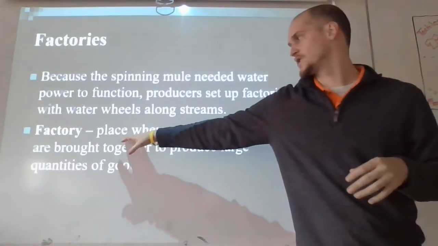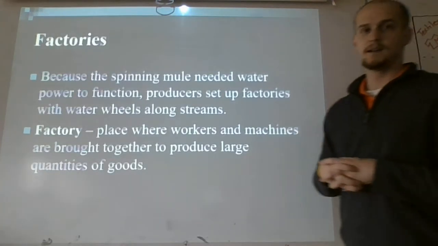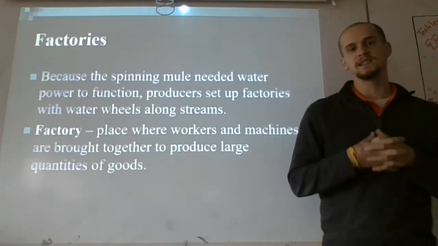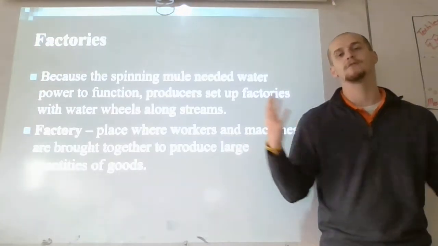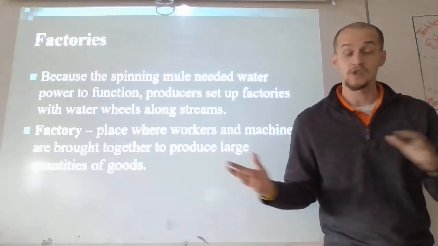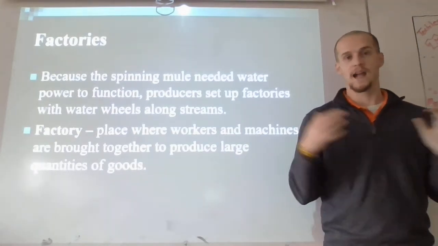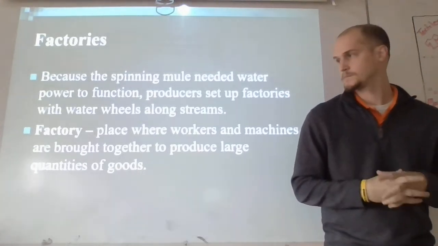And these factories are just places where workers and machines are brought together. And then together, these workers and these machines are producing large quantities, very, very big amounts of goods so that you could sell them and trade them faster and quicker. And you had more of them to make even more money off of.